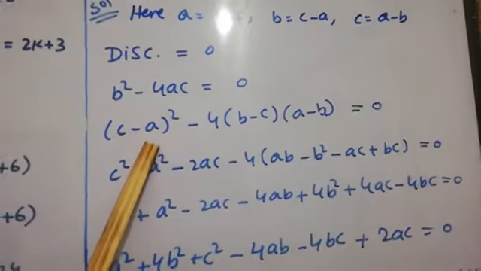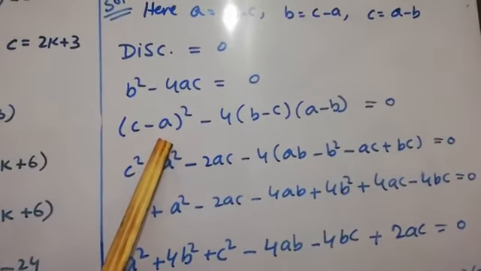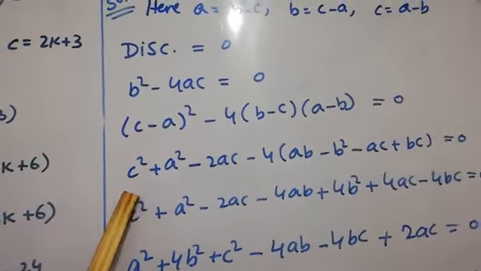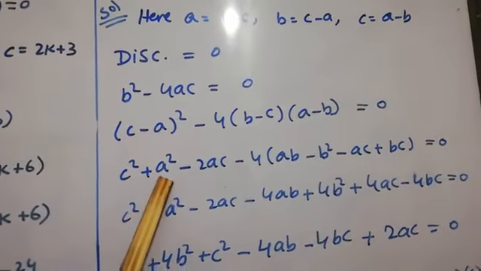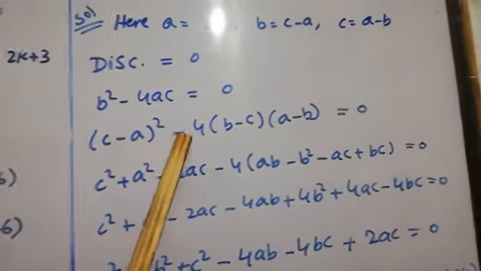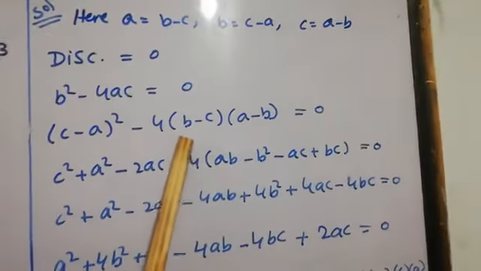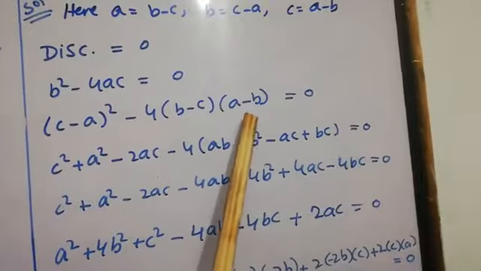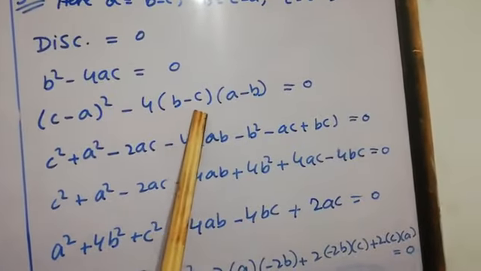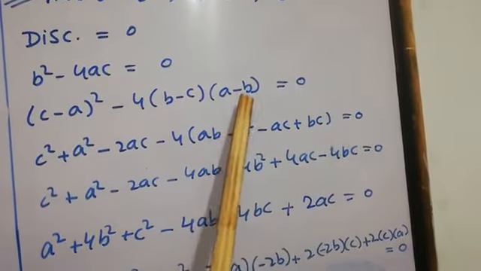So we will remove the brackets and use the formula a² + b² − 2ab, like this: c² + a² − 2ac, and minus 4 as it is. We will multiply (b − c)(a − b): ab, minus b², minus ac, plus bc.